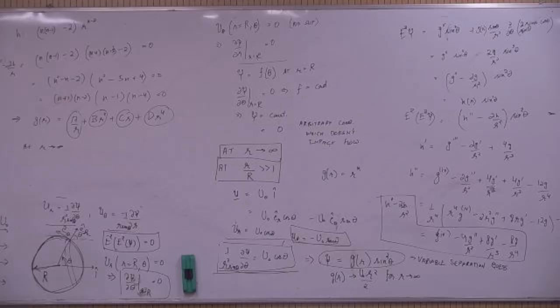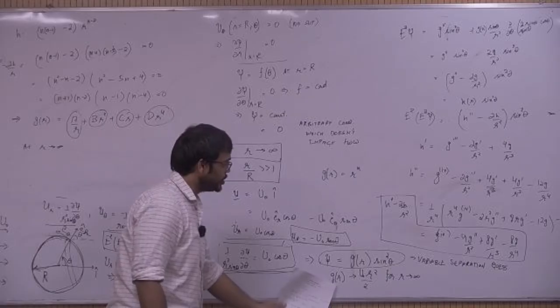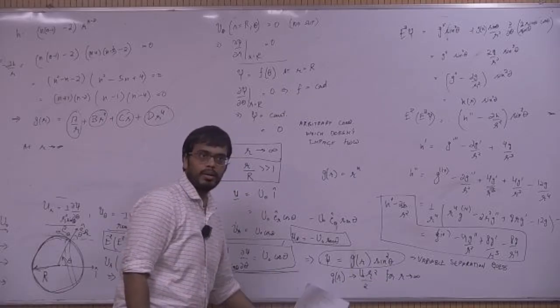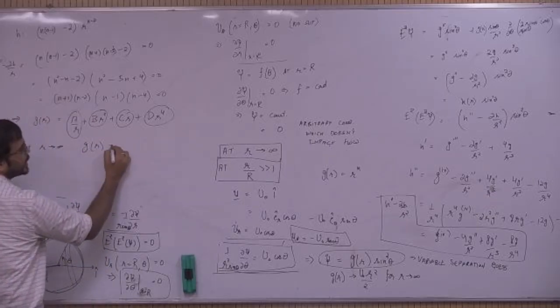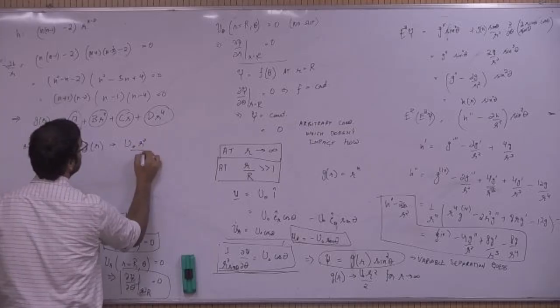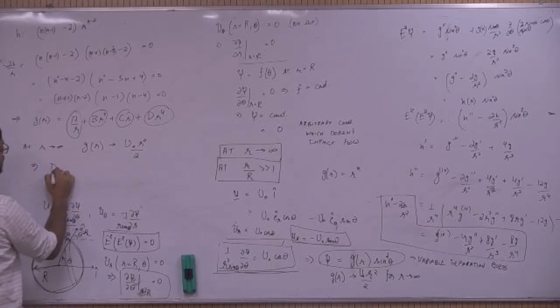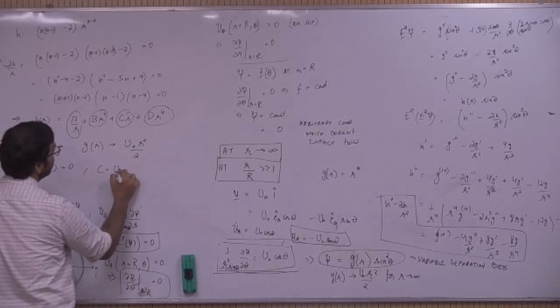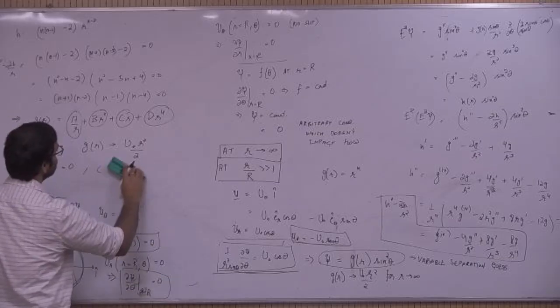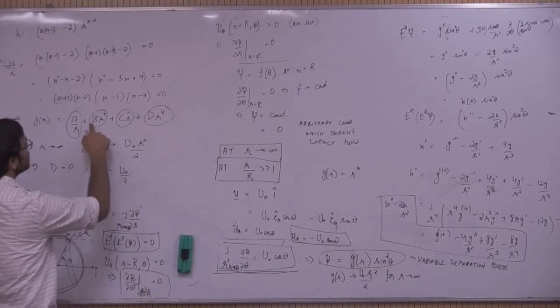R to the power 4. And do we have any r to the power 4 variation in g of r for r tends to infinity? No. We know that as r tends to infinity, g of r tends to u naught r square by 2, which means d is 0 and c is equal to u naught by 2. Oh no, sorry, b equals u naught by 2, because b is the coefficient of r square.